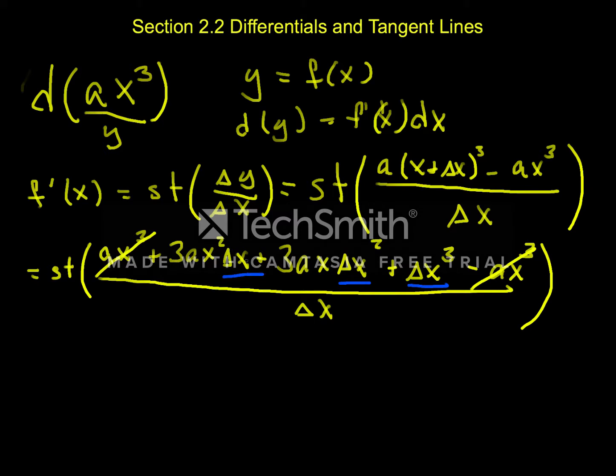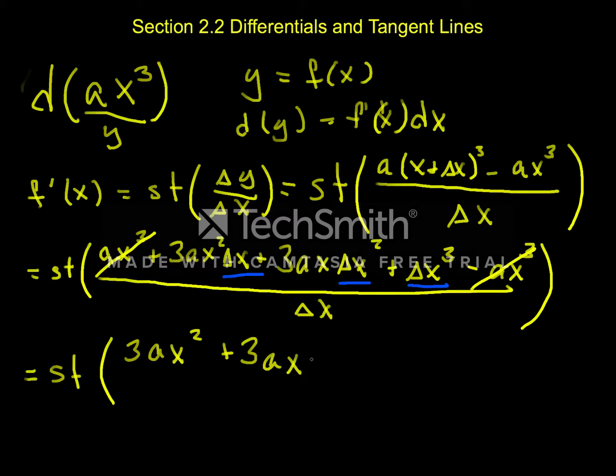So I've got a common factor of delta x in the numerator, and a delta x in the denominator, so it will cancel out, which is exactly what we were hoping for. And so this will be the standard part of 3ax squared, because that delta x canceled, plus 3ax.